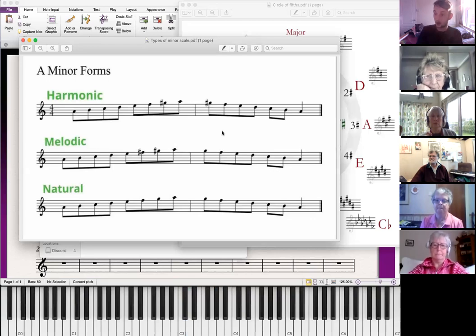And then on the way down, on a descending melodic minor scale, you don't need to change anything because it just leads itself back to the keynote. You see, it sounds a bit weird coming down with that G sharp there, leading from the A to the G sharp. It doesn't quite work on the way down as well as it does on the way up.